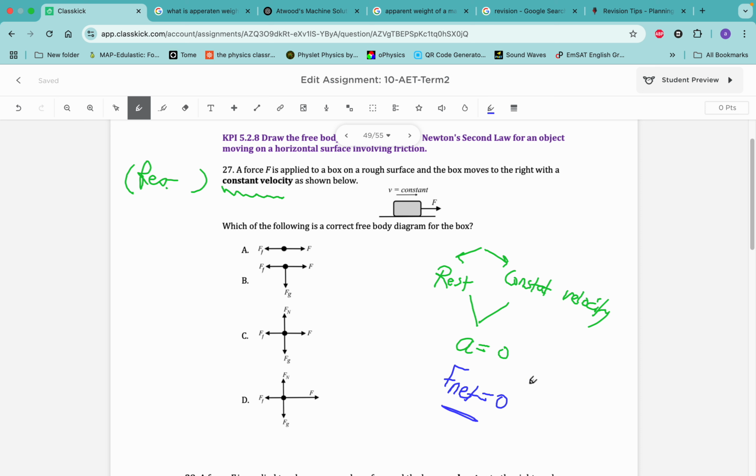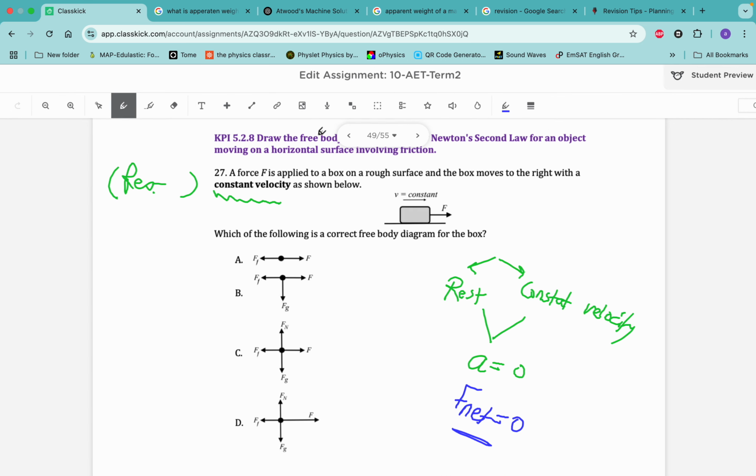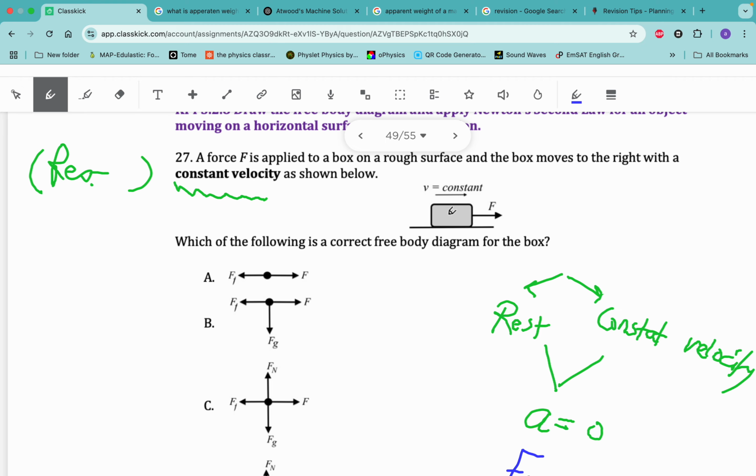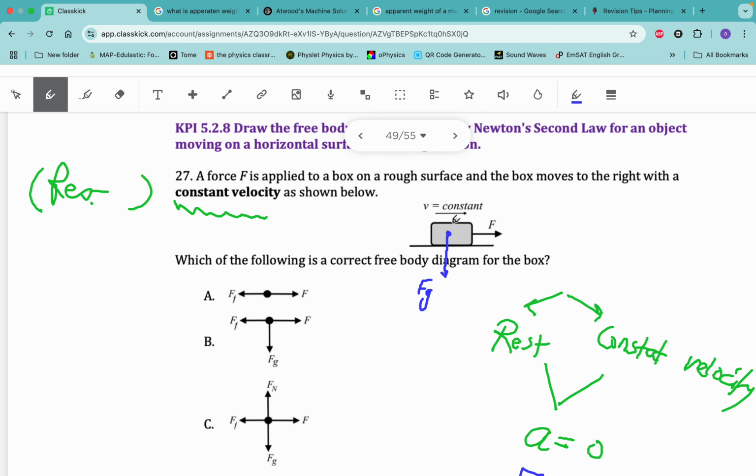Zero net force doesn't mean we have no forces. No, it means we have forces, but they are opposite and equal, so they cancel each other out. Now, this box is on a surface, so automatically the first two forces will be drawn: downward gravitational force and upward normal force.